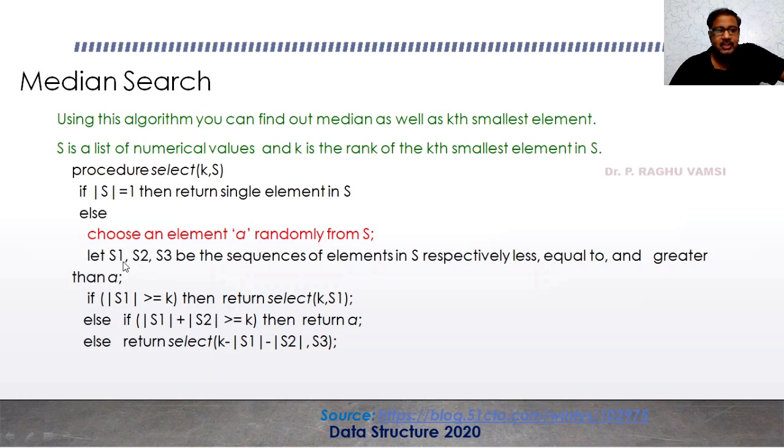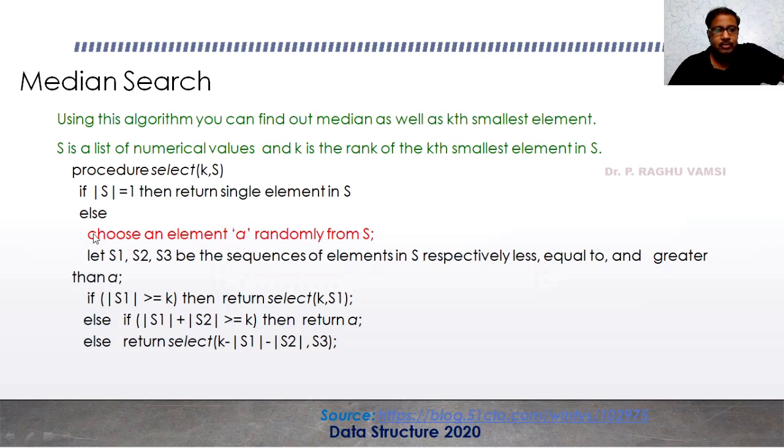The elements which are less than A will be placed in S1. The randomly chosen element will be in S2. The elements that are greater than the randomly chosen element will be placed in S3. Is it clear?